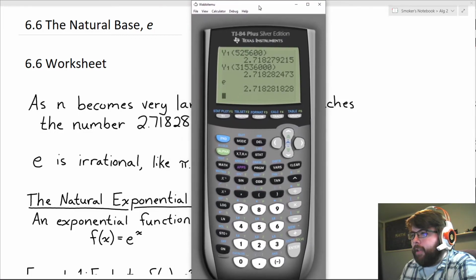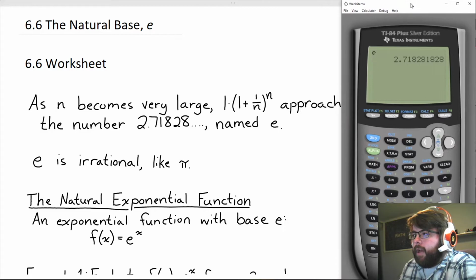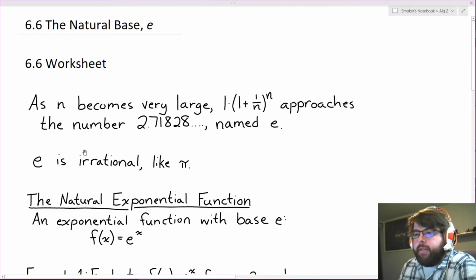Sorry about that. E is on your calculator above the division sign. If you do second division, that's E. It's right under the pi. Second exponent symbol is pi. There the E button is. So E is irrational, does not repeat, does not terminate.